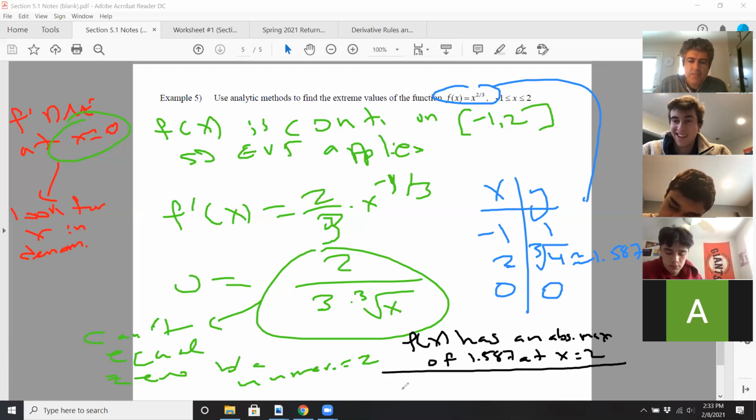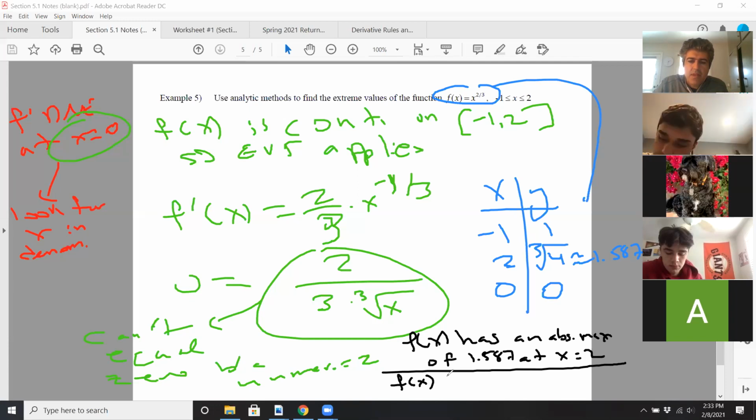Also, you would say f of x has an absolute min of 0 at x equals 0. And there you go.